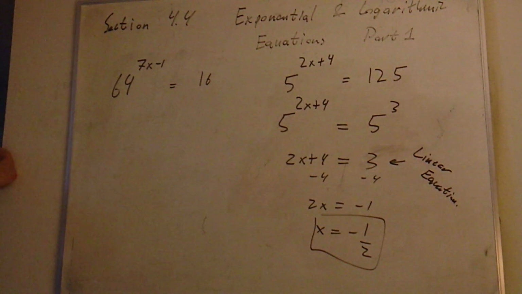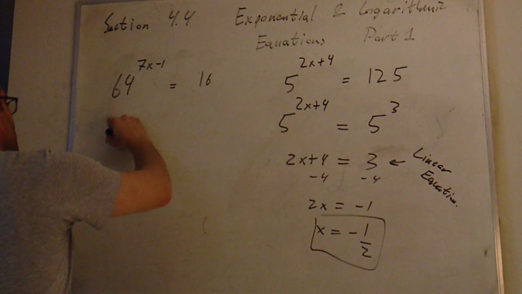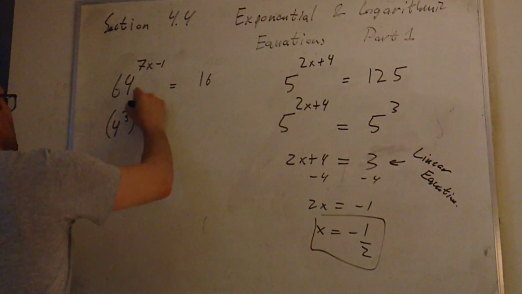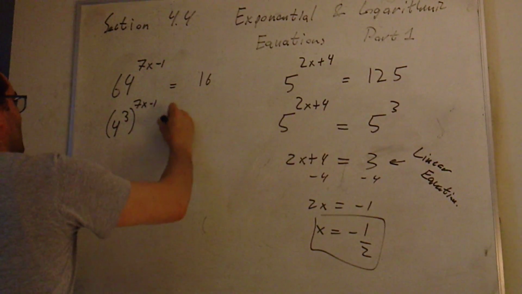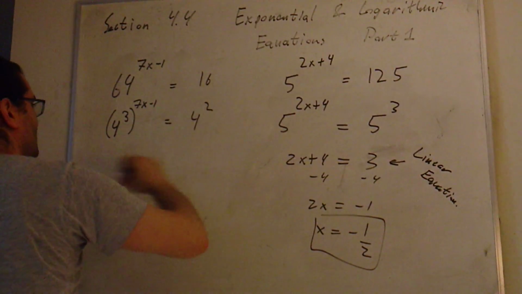Seems like a good one. Both of these things are powers of 4, so we'll call this 4 cubed to the 7x minus 1 equals 4 squared.